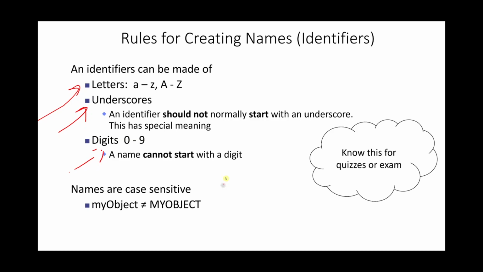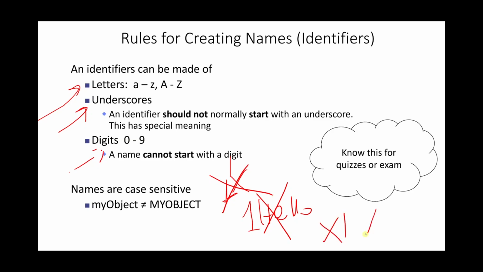Like you cannot have 1x or 1hello. You can, however, have x1, x2. That's okay because you started with a letter. Or you can start with an underscore, but usually you should not, because this has a special meaning. This is something in networks and reserved words. You don't have to worry about it right now.